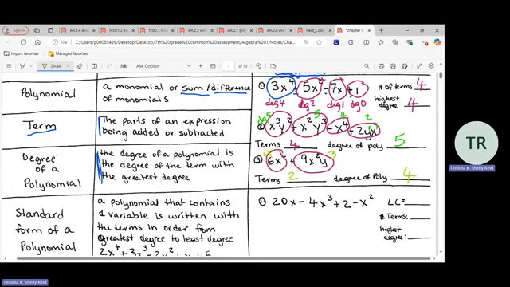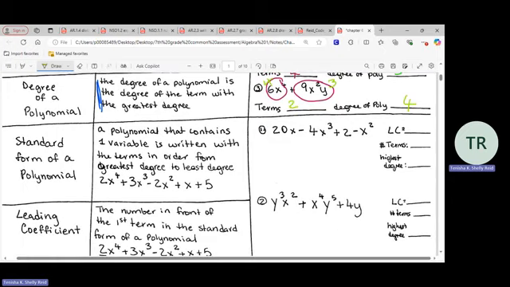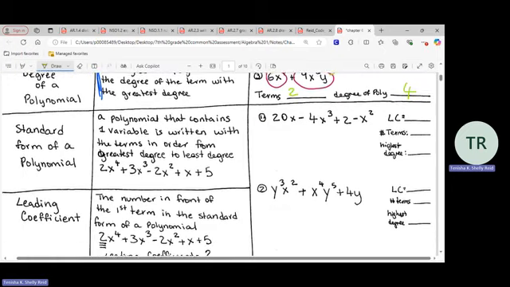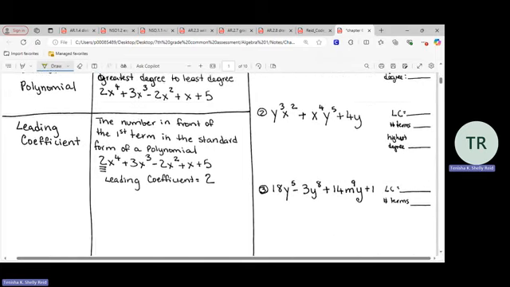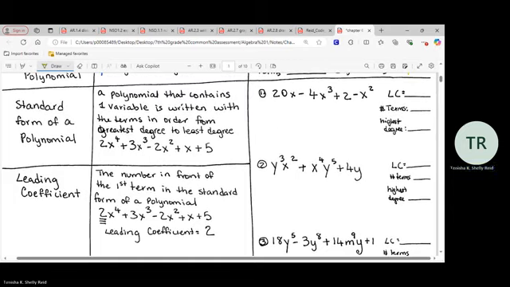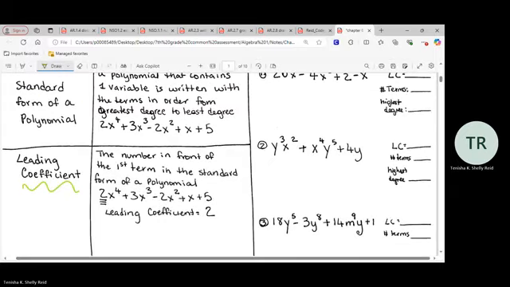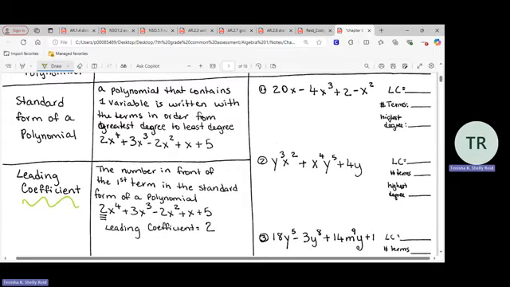All right, so next vocabulary, we're going to talk about the standard form of a polynomial. Some of those were standard and some were not. But if you're going to have the standard form of a polynomial, it must be written in order from the greatest degree to the least degree. The leading coefficient of the polynomial will be the number in front of the first term when it is in standard form.